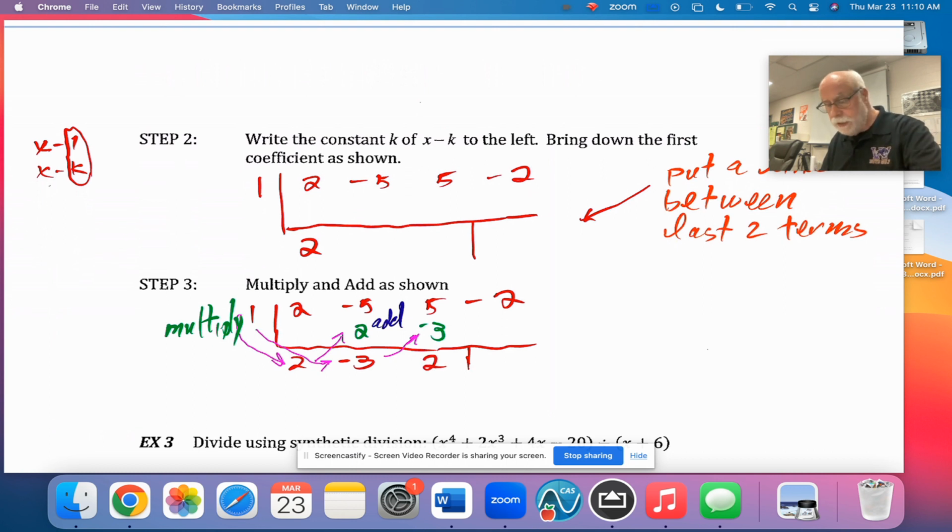And we'll do it one more time. 1 times 2 is 2. Then we're going to add them. Negative 2 plus 2 is 0. All right, so the 0 in the last one here is our remainder.